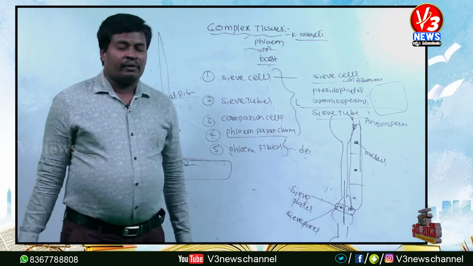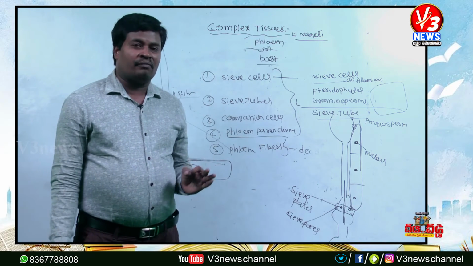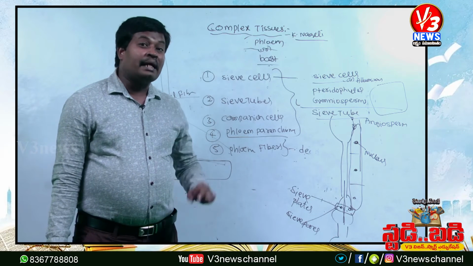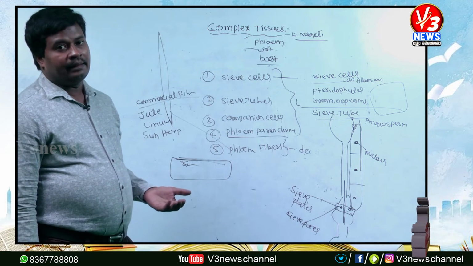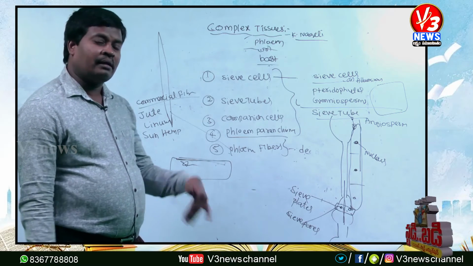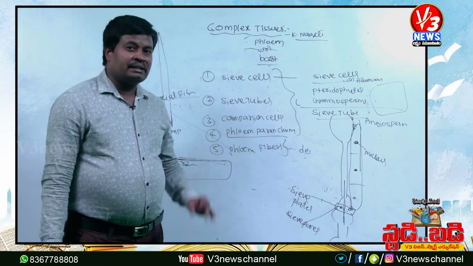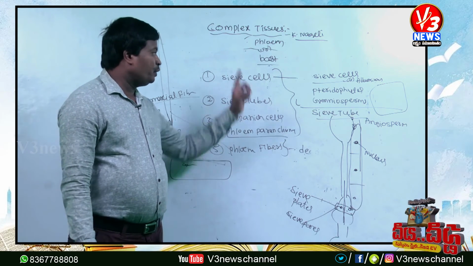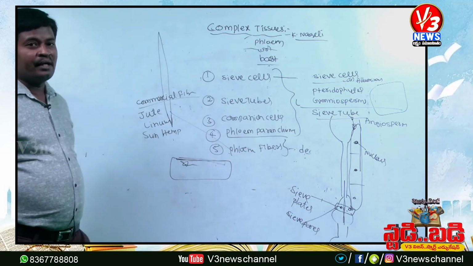Next, I am asking important questions. Which types of xylem and phloem cells are conducting water and food in angiosperms? In xylem, vessels are the water and mineral conducting channels in angiosperms. Sieve tubes are the food conducting channels in angiosperms.